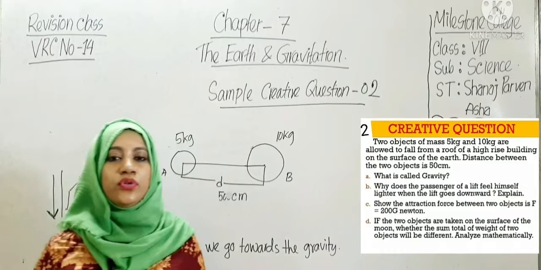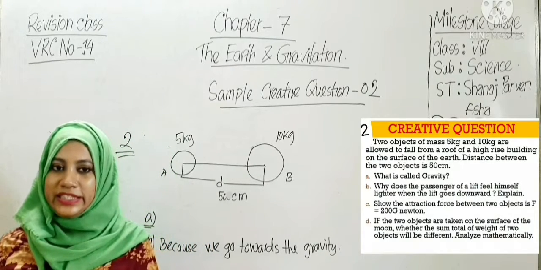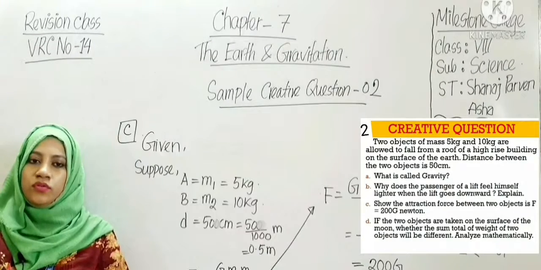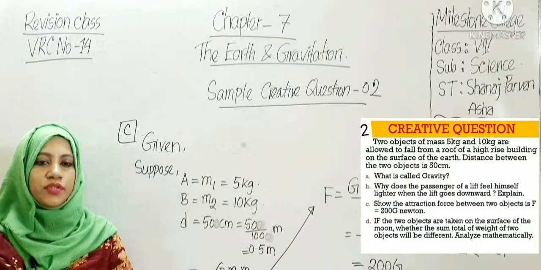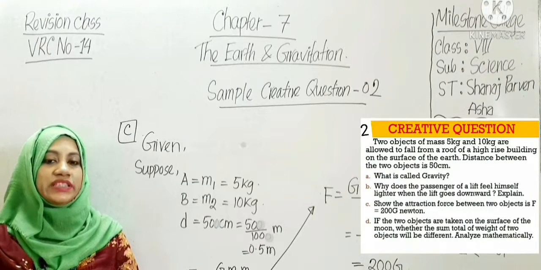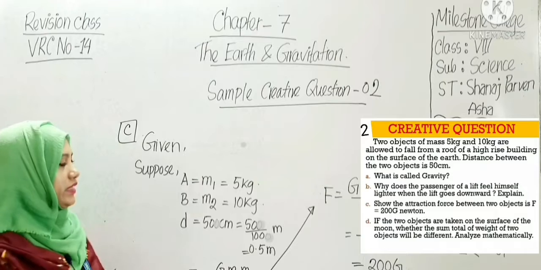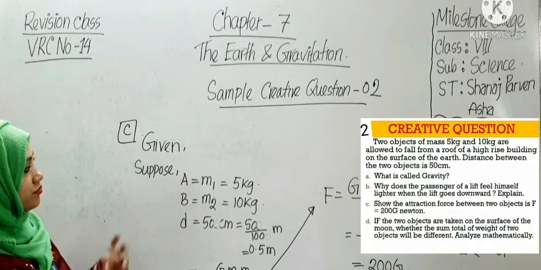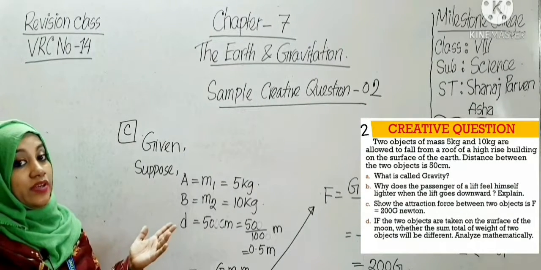Next one, show that the attraction force between the objects is F equals 200 G Newton. Okay, my dear students, C number: show that the attraction force between two objects is F equals 200 G Newton. So here, what is the information given?